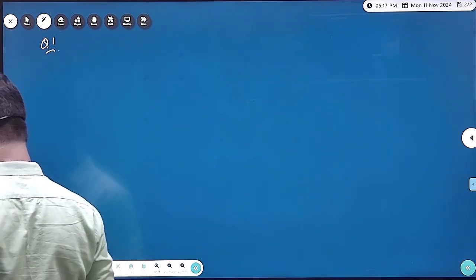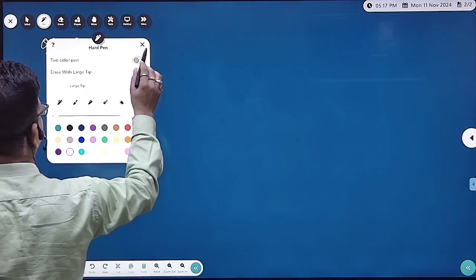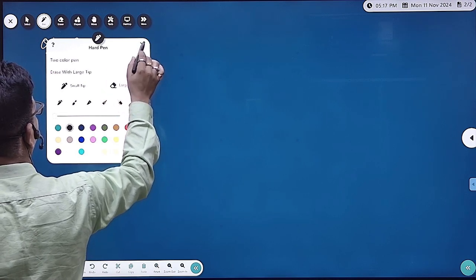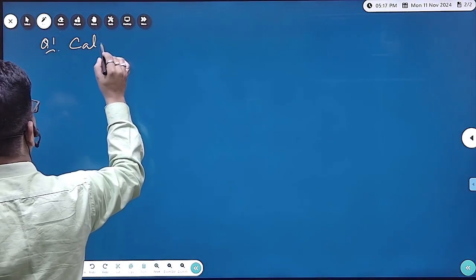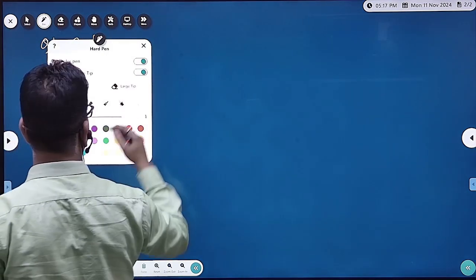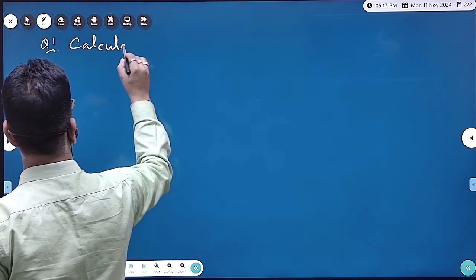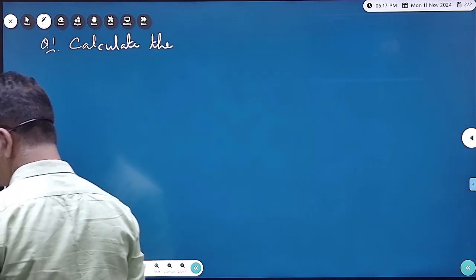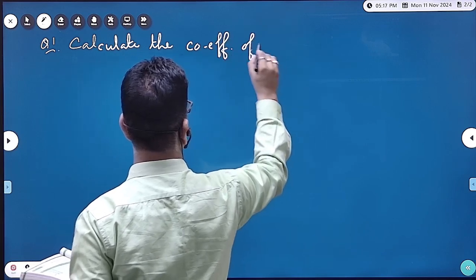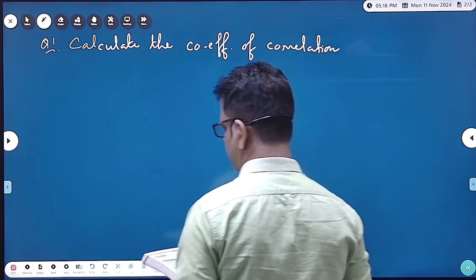Question 1. Calculate the coefficient of correlation between the following.